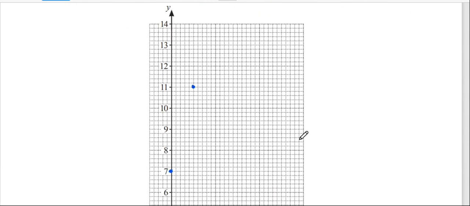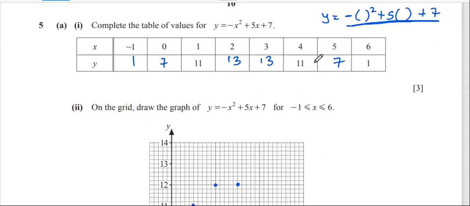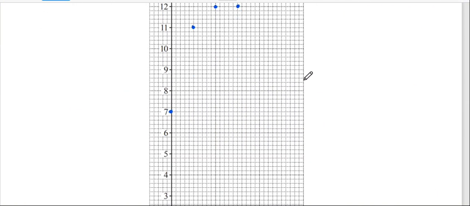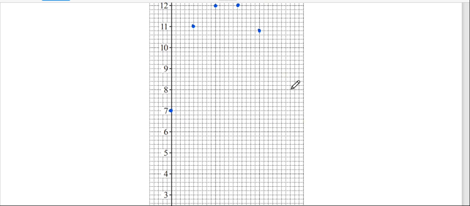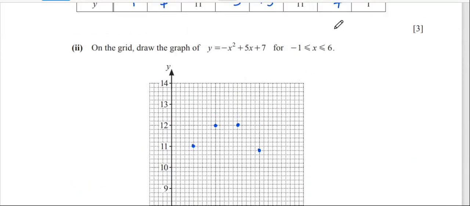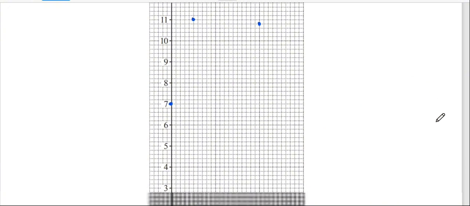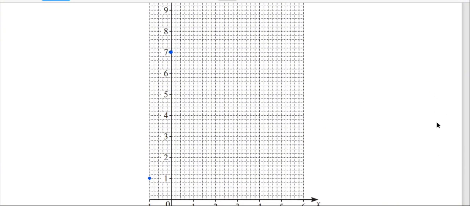So 2 is here, and here also. So 4 is 11, which is here. 5 is 7, which is here, and 6 is 1, which is here.